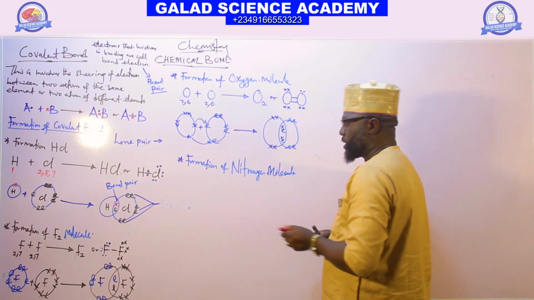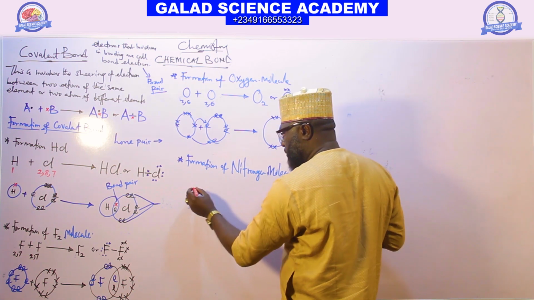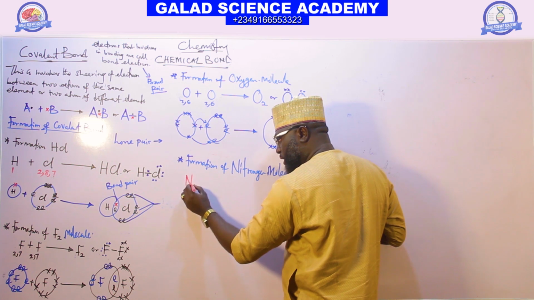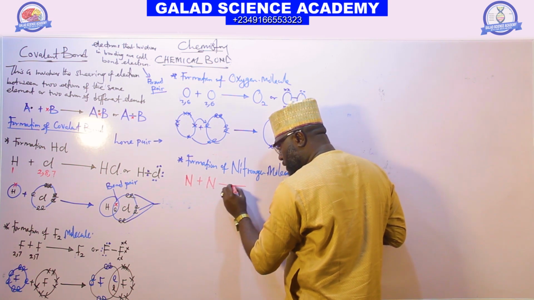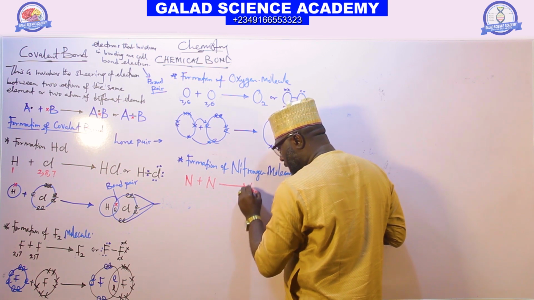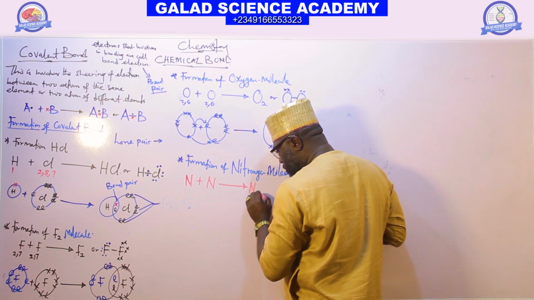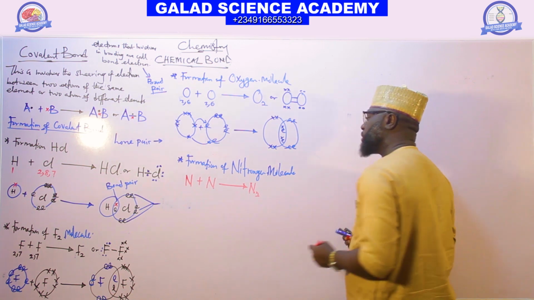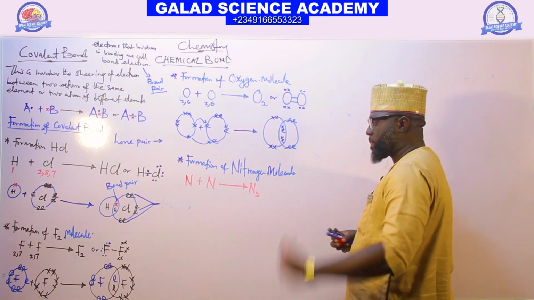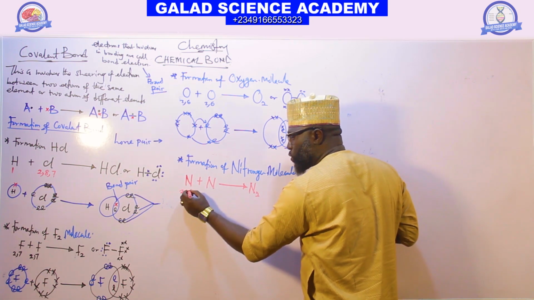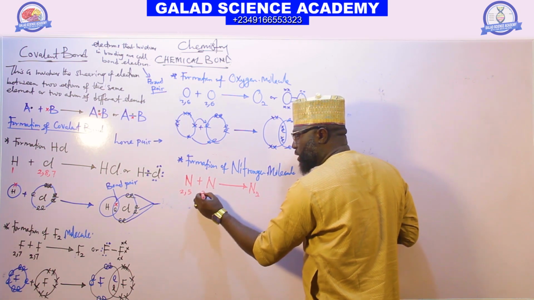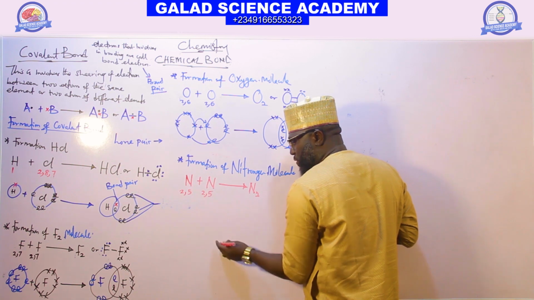On this side, for nitrogen, nitrogen reacts with nitrogen to give N2 gas. If you have it in this form, nitrogen is 2, 5. This is also 2, 5.